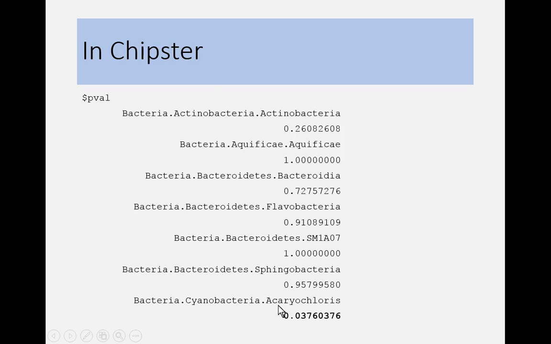And here, for example, this cyanobacteria, which is pretty interesting because these are stool samples, there are cyanobacteria present. Well, it happens. But it seems that this cyanobacteria group is one of the indicator species in this dataset. Its p-value is less than 0.05, so it seems to be able to differentiate between the groups.